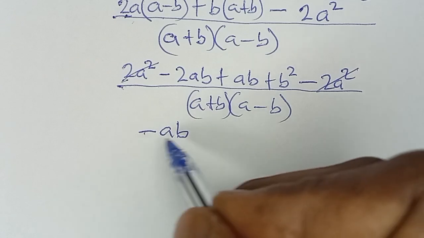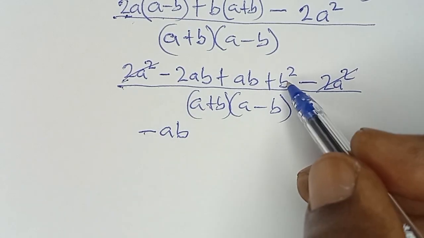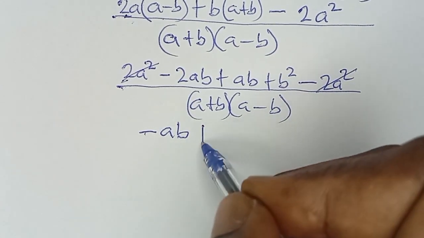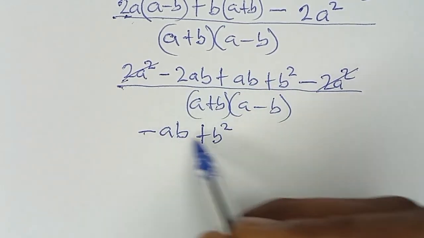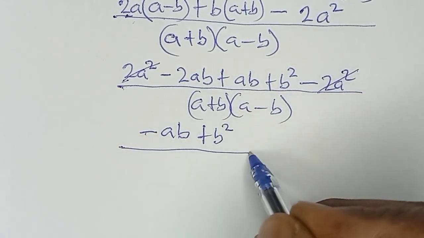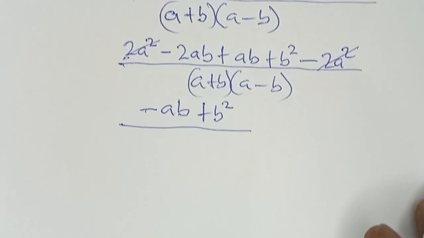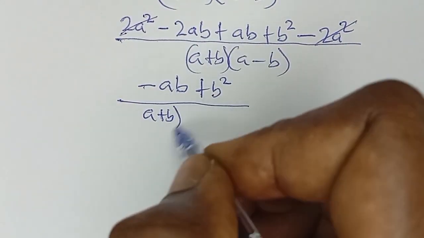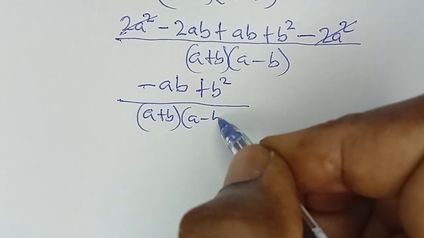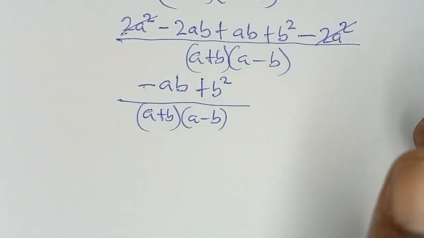And then plus b square. So this numerator now simplifies to this, and then all over the a plus b and a minus b that we have there. That is the denominator here.